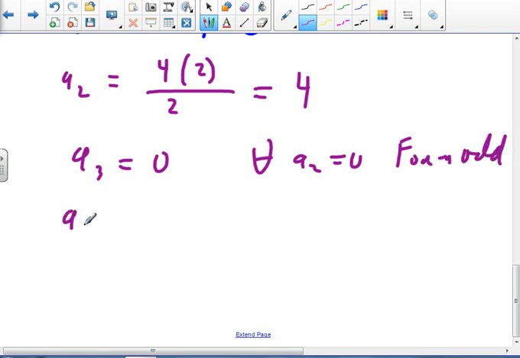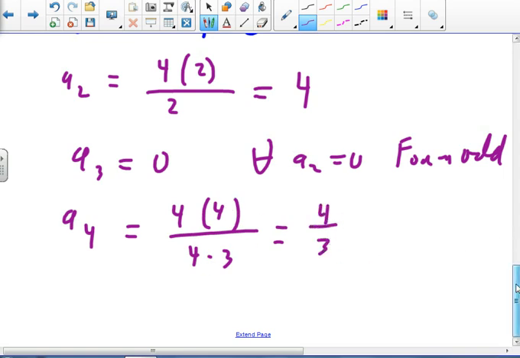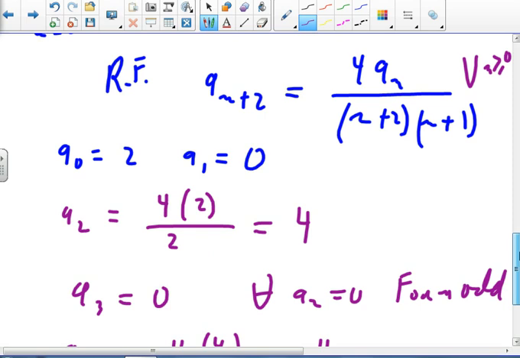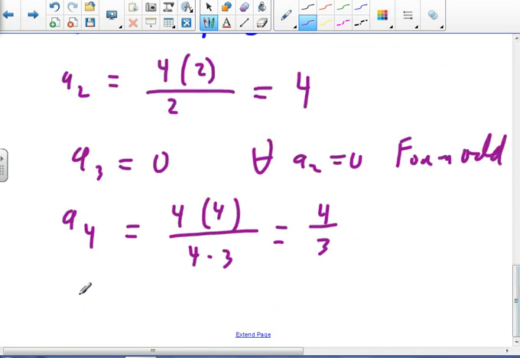And so a4 is 4 times a2 divided by 4 times 3, which is 4 over 3. Okay, a5 is 0. a6 is 4 times 4 over 3 divided by 6 times 5.